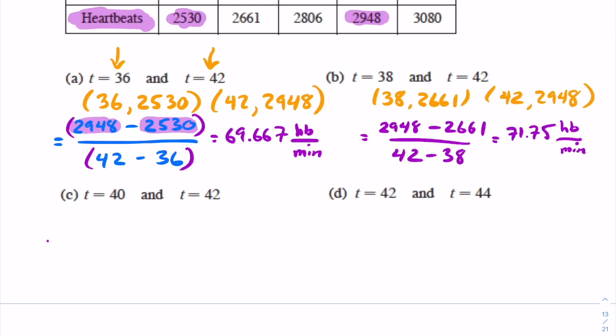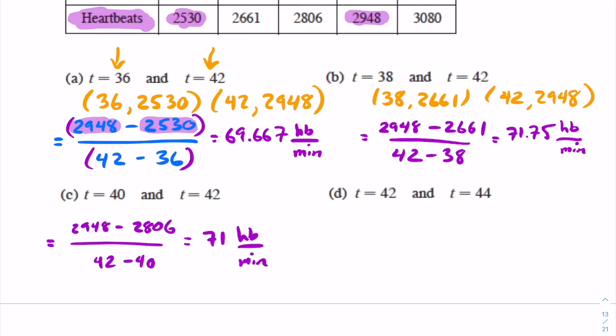So here you should have 2,948 minus 2,806 all over 42 minus 40, and that should give you exactly 71 heartbeats per minute.